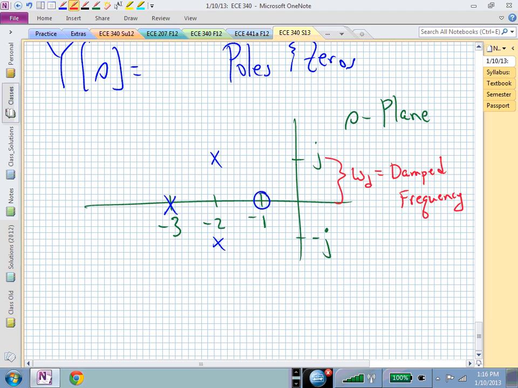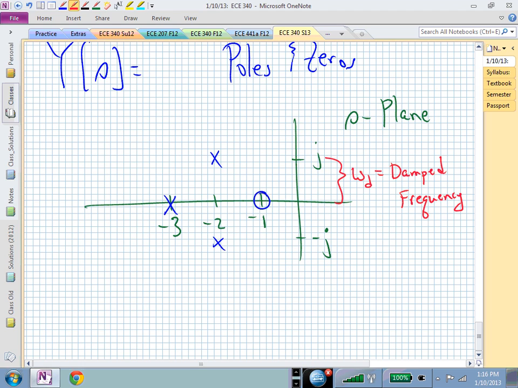So this is very graphical. If you can find the poles of a system, let's say of a G of S, and you can plot those in this complex S-plane, if you can show that all the poles are in the strict left half plane, not on the imaginary axis or anywhere in the right half plane, then you have a stable system.